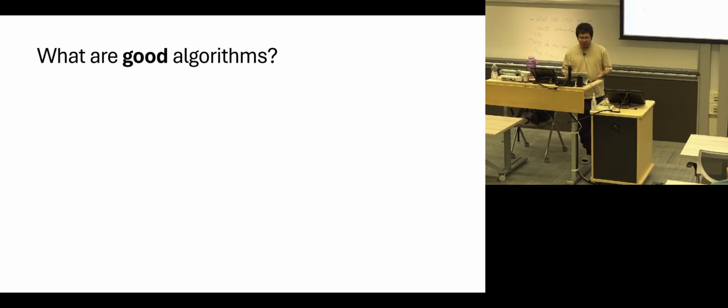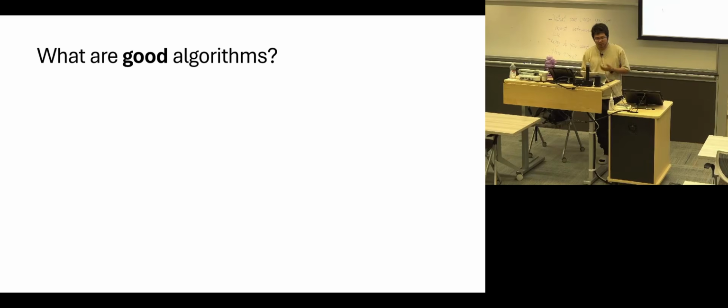And what do I mean by good algorithms? Any of you have a suggestion? What is a good algorithm? Efficient. It should be fast. What else? Maybe not using too much space, space efficient. Time efficient, space efficient. What else? Perhaps easily implemented. Very good.